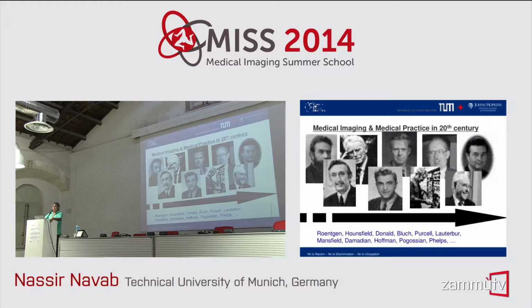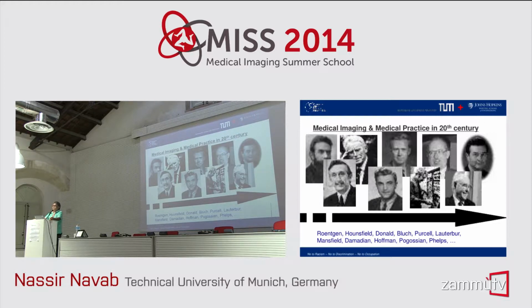For MRI, for example, how many of you have heard about Damadian or Fonar? It's really good to look at the history of science in general. There are probably 3 people who played an important role. If we want to take 3, I would say there are 30,000, but 3 of them have done remarkable leading work. 2 of them got the Nobel Prize of Medicine in 2003, Mansfield and Lauterbur, but there is also Damadian.